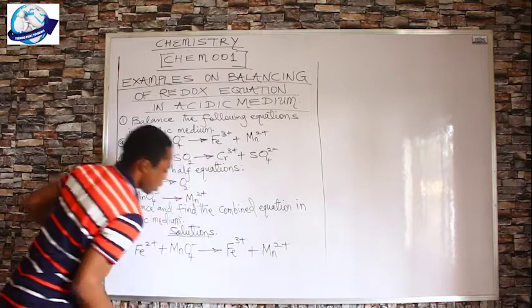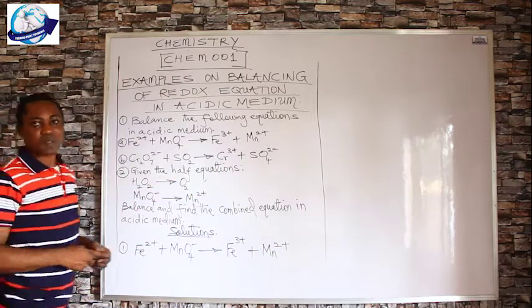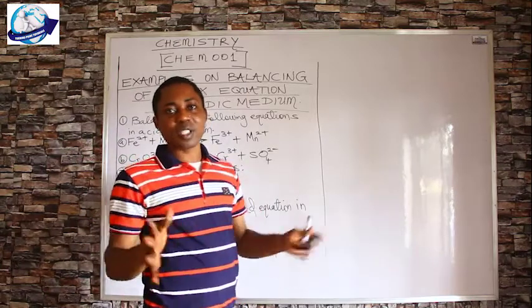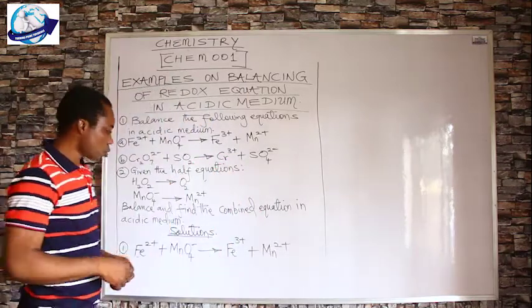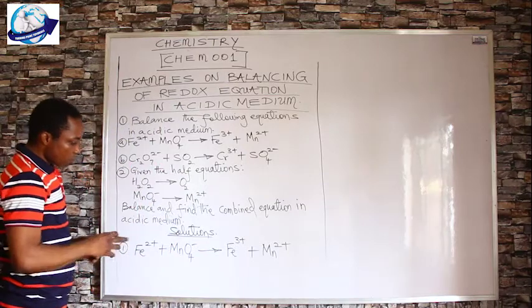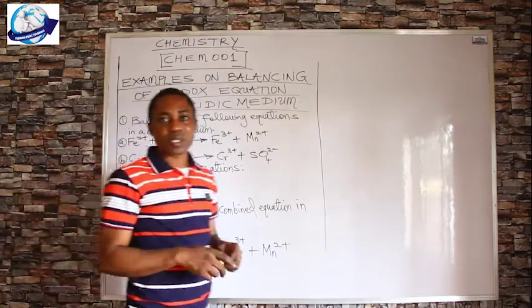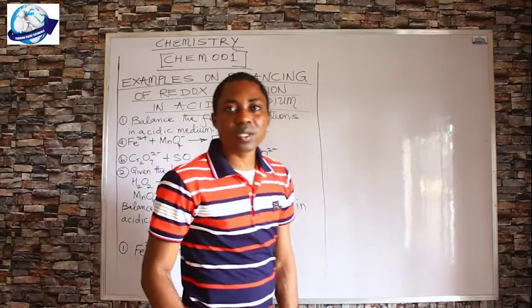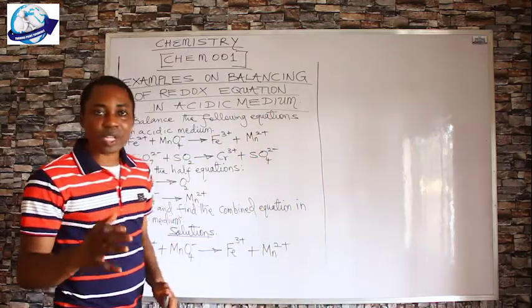The first thing to do, like I said before, is to split the equation into two halves. One half represents the oxidation half reaction, and the other half represents the reduction half reaction.